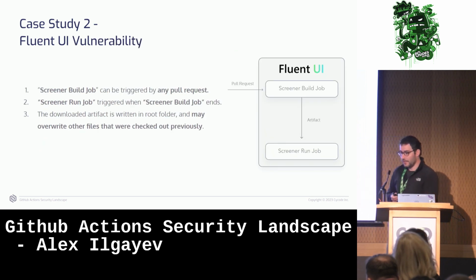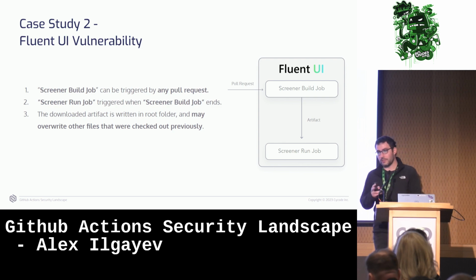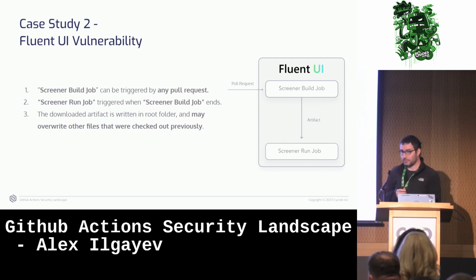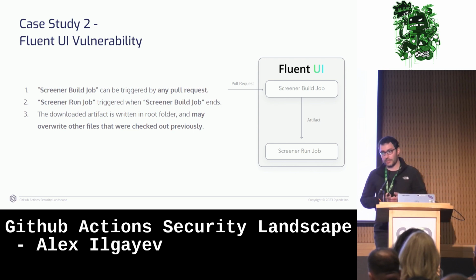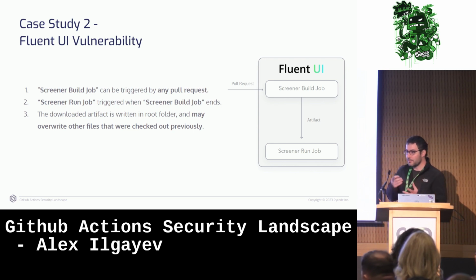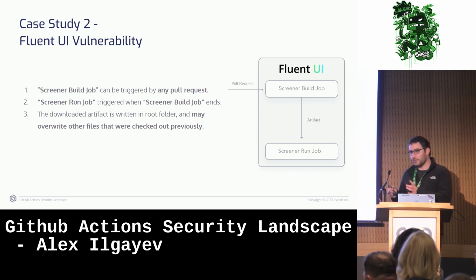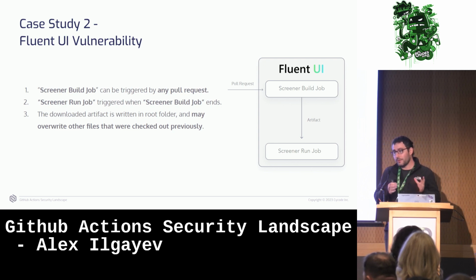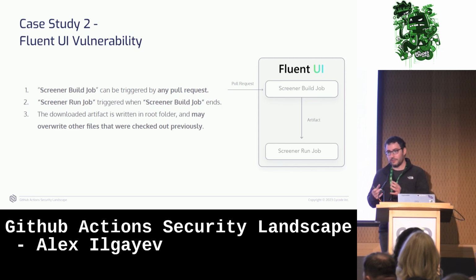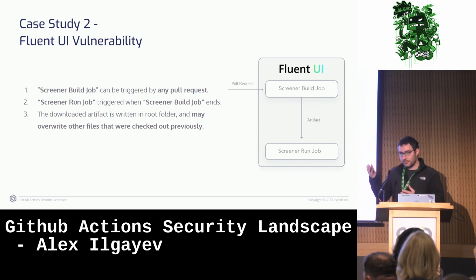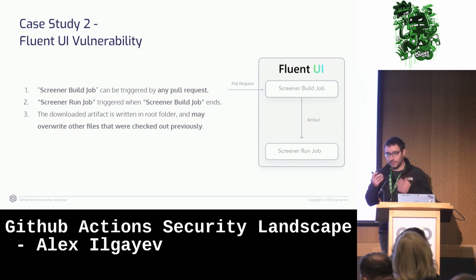So how does it work? Fluent UI has two interesting workflows, the screener build job and the screener run job. The screener build job can be triggered by any user, does some tests, and builds some artifact. The screener run job is triggered only when the build job is over. It takes the artifact and deploys this screener application that helps the developer visualize the changes.